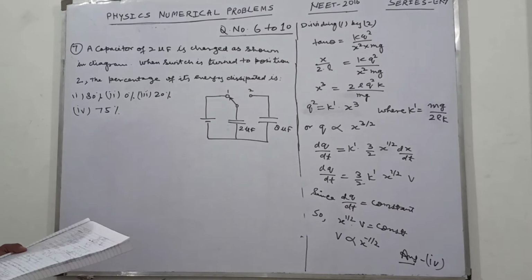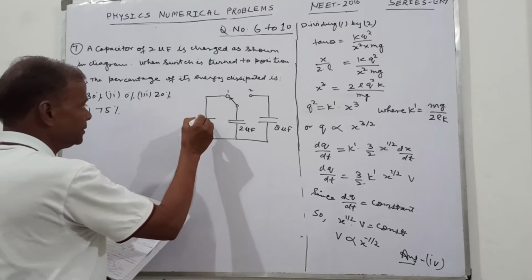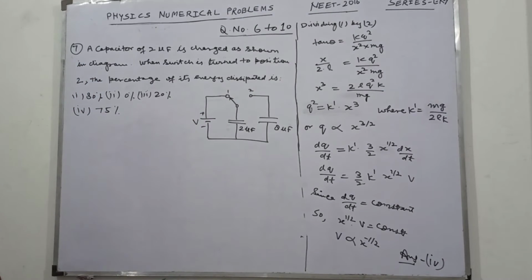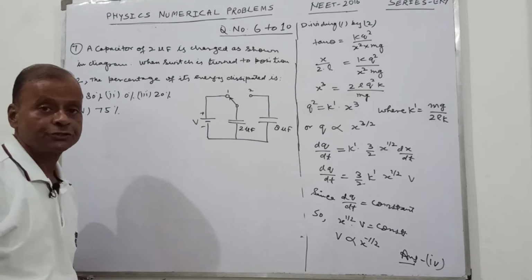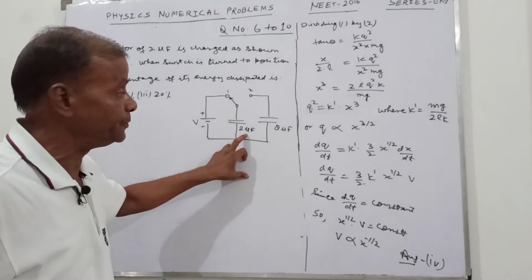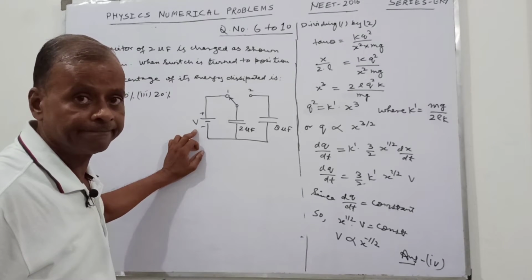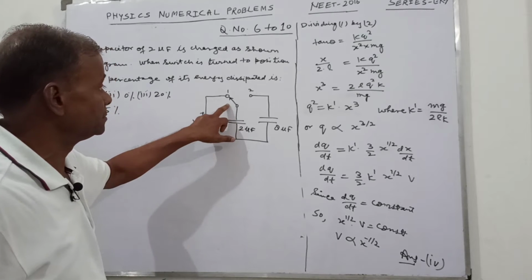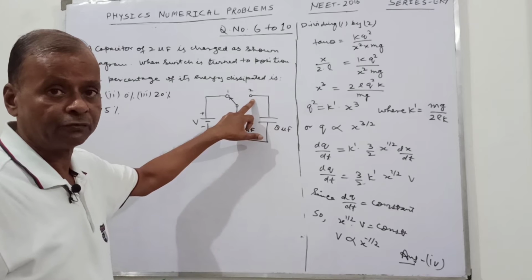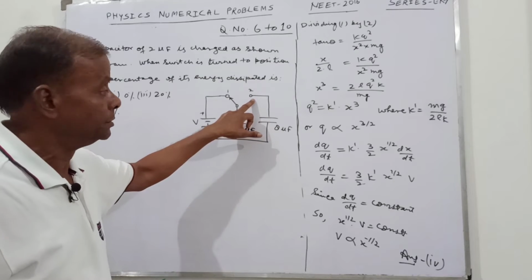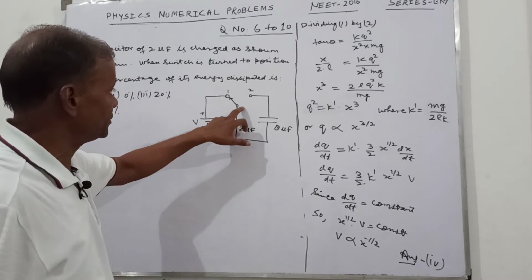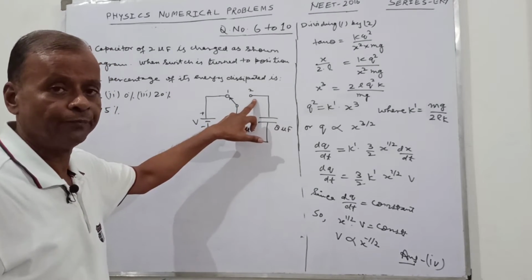These are the options. Here we are given the battery of voltage V. Now in this question, this capacitor of 2 microfarad is being charged with this battery V. When the switch is connected to position 1, then we have to find what energy is being lost by connecting this to the point 2.